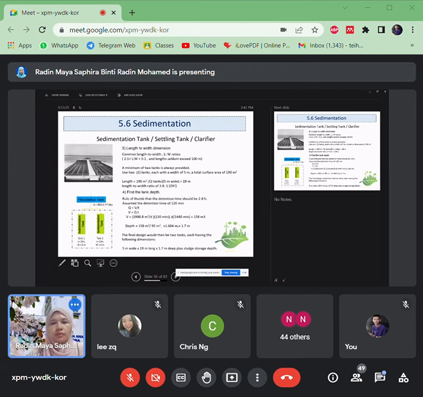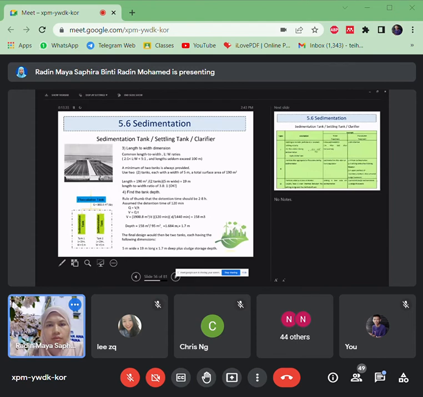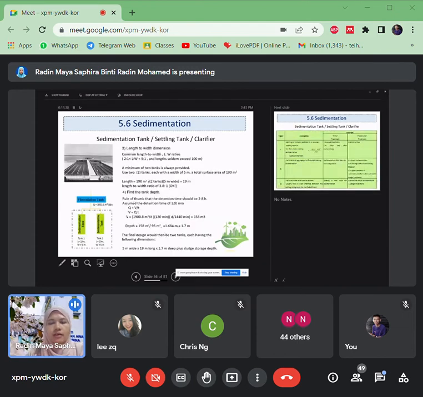So in here, for the length to width dimension, they have a ratio. We either use 2:1 length to width, or something like that, between these. Then the length seldom exceeds 100 meter.